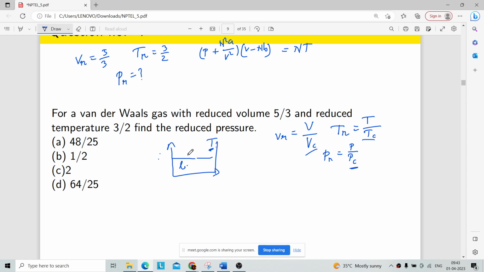So as we increase the temperature, heat will go to the system, and the temperature of the liquid will increase, right?